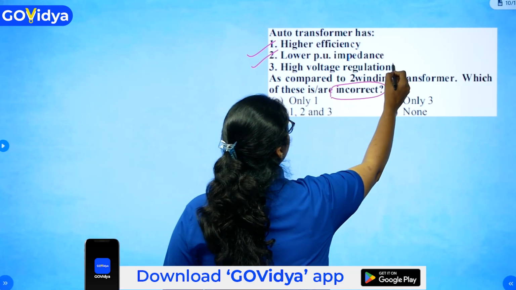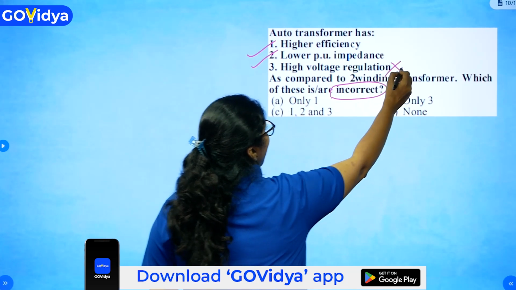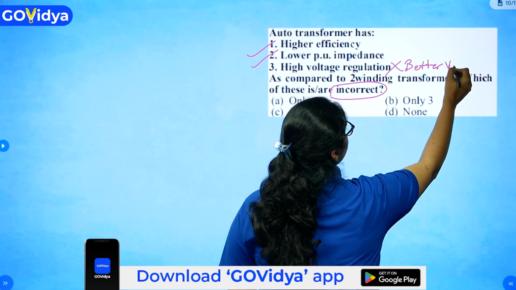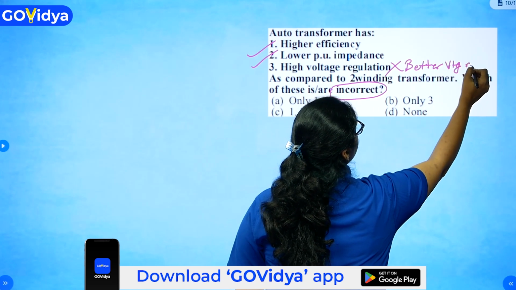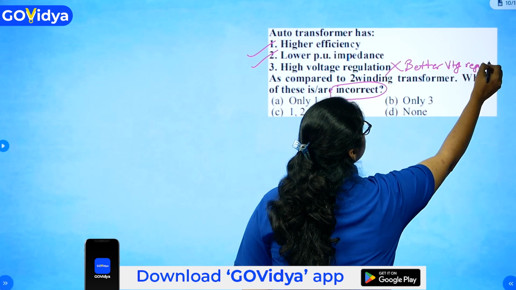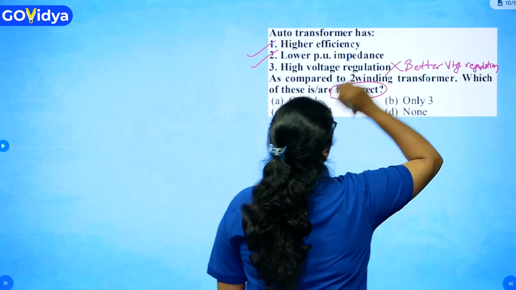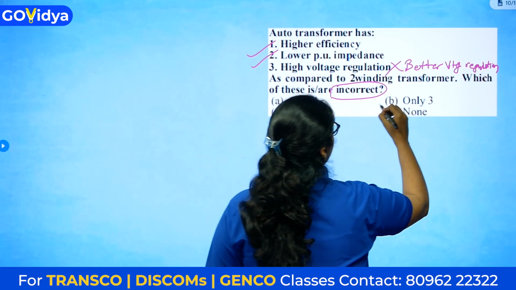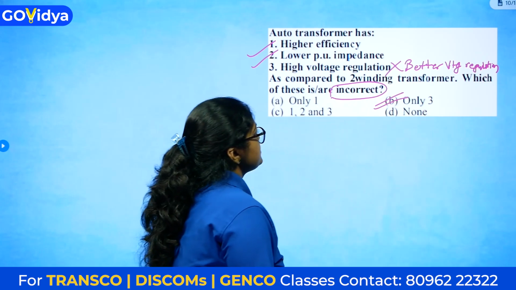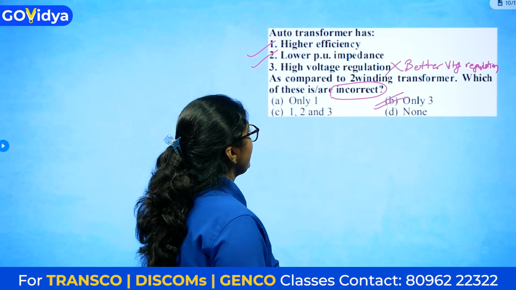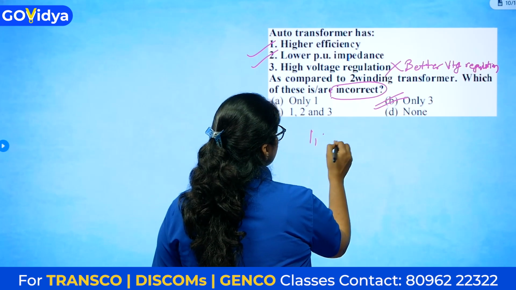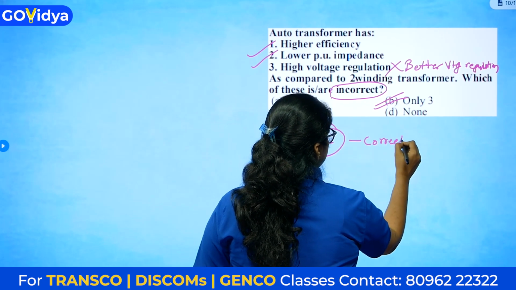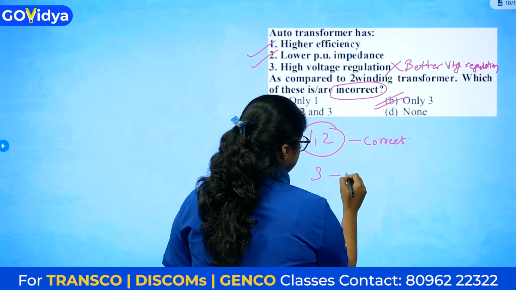So statement 3 is wrong. So which is incorrect, they are asking? So option B is incorrect. If they ask which is correct, then we have to go for 1 and 2. 1 and 2 are correct and 3 is incorrect.